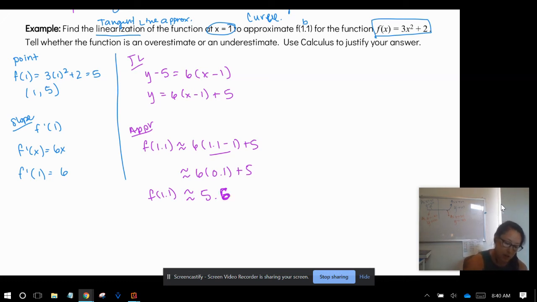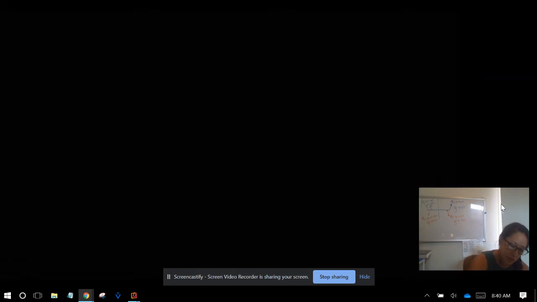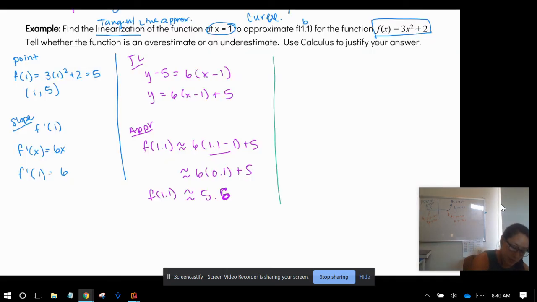Okay. So now is this an overestimate or an underestimate? Over or under? Okay. We have to figure out what the concavity is of f.